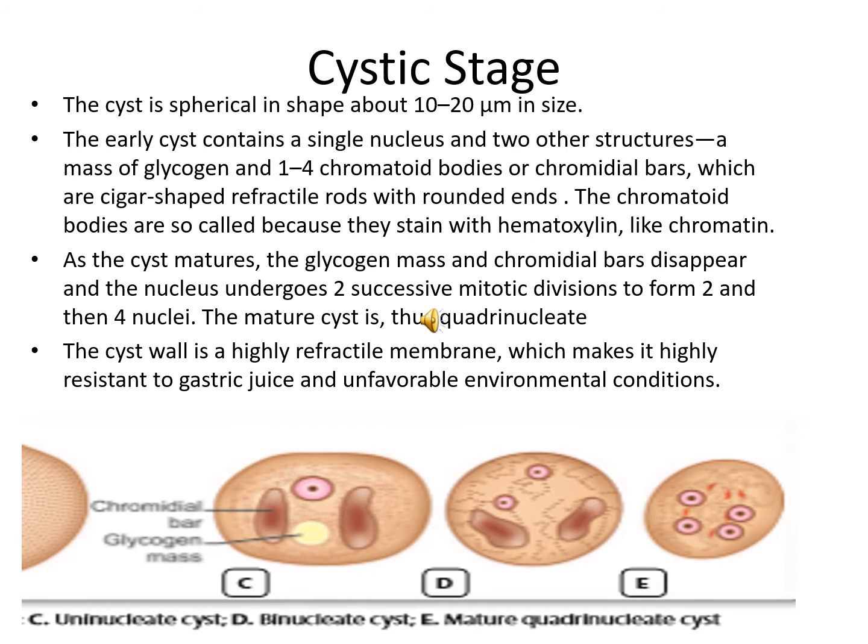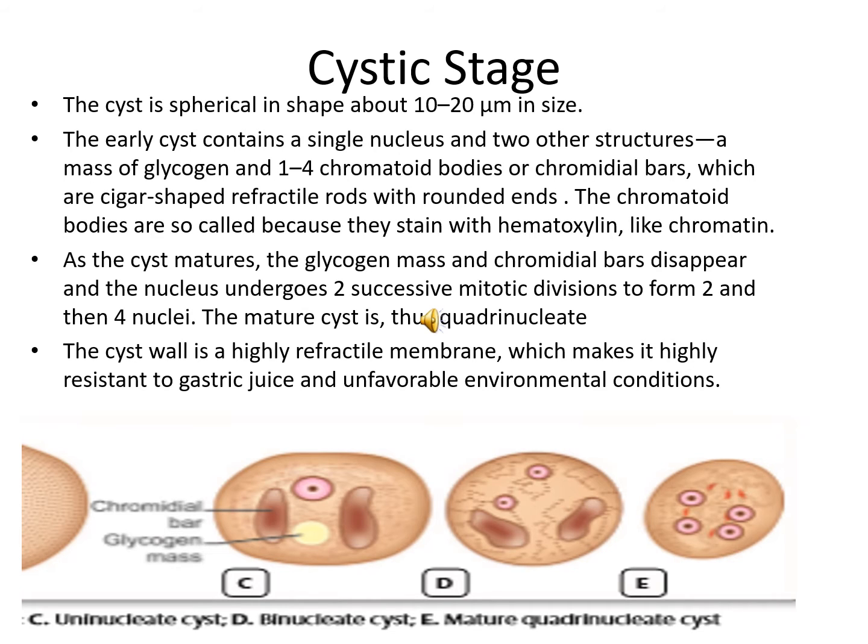Next is the cystic stage, that is the maturation of the precyst to a cyst. The cyst is spherical in shape and is about 10 to 20 μm in size. As the cyst matures, you can see the chromatid bars and the glycogen mass disappear, and the nucleus undergoes division to form 2 and then 4 nuclei.